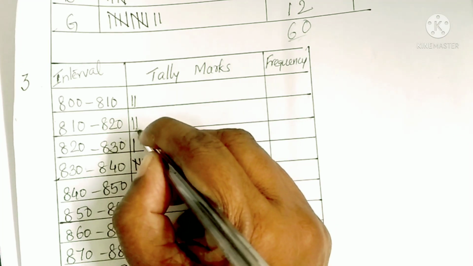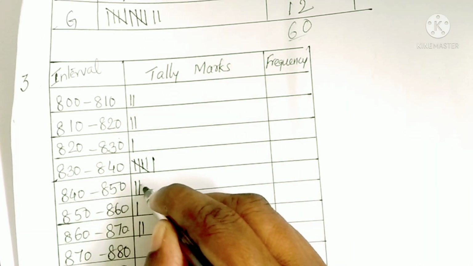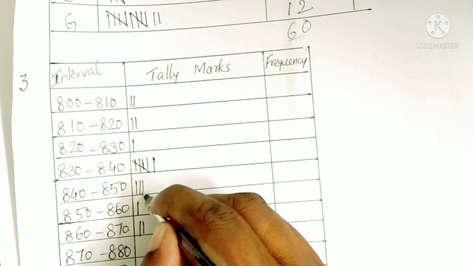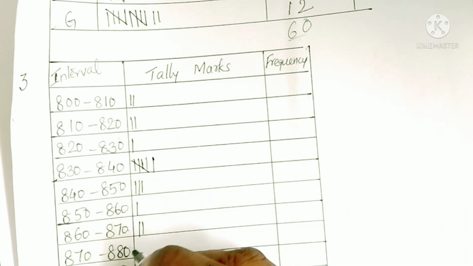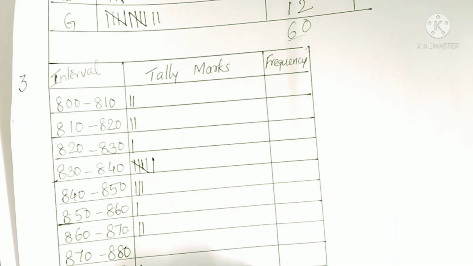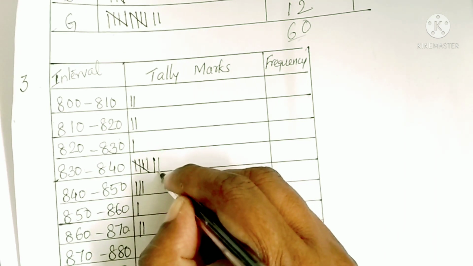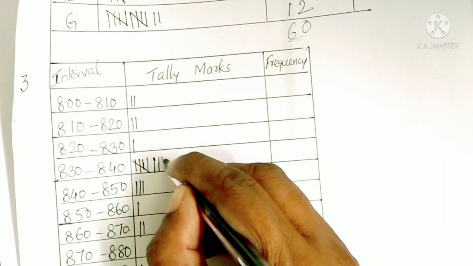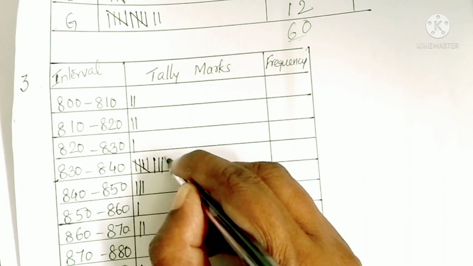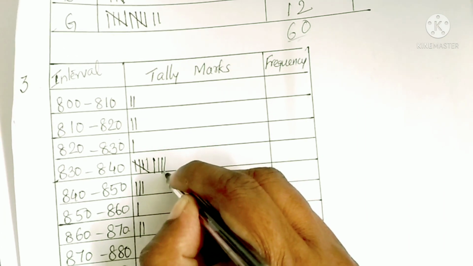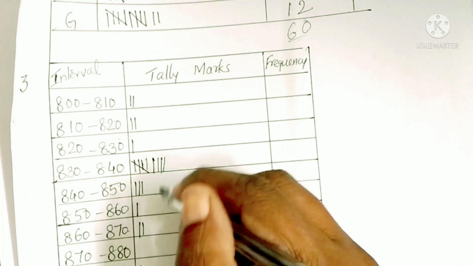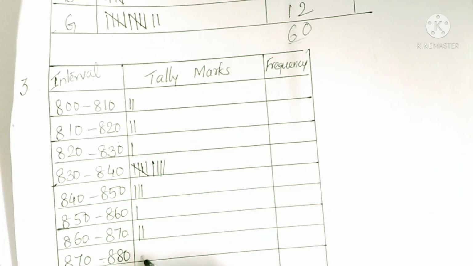812 will be here. 840 will be in this group. 885 will be here. 835 will be here. Again 835, 836 and 878. 870, 880.